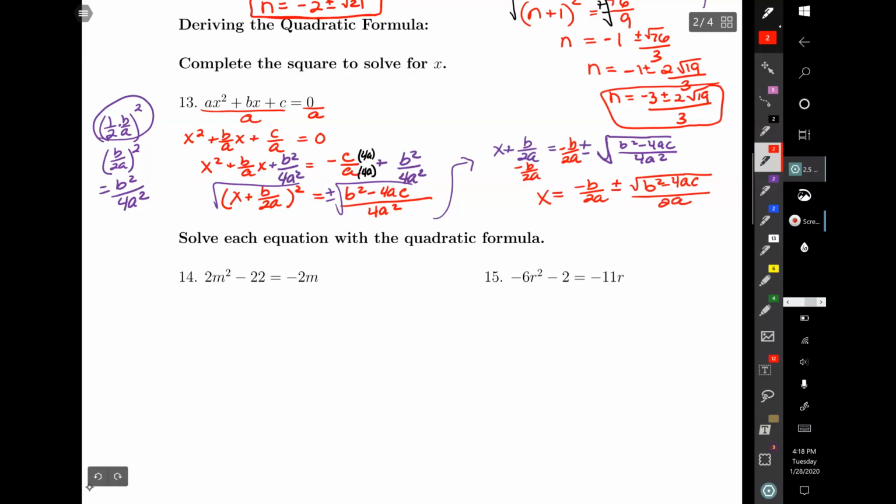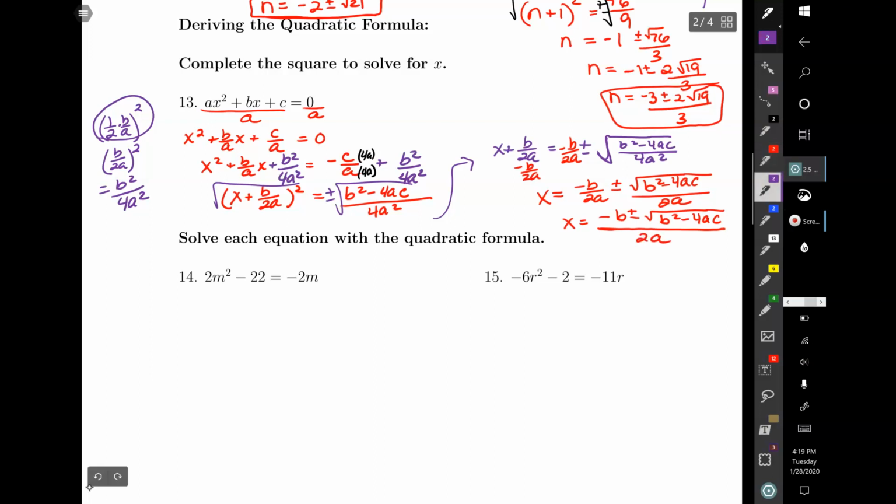So now when I just add my like fractions, I end up with minus b plus or minus square root of b squared minus 4ac, all in the numerator, all divided by, that fraction bar goes under everything, 2a.